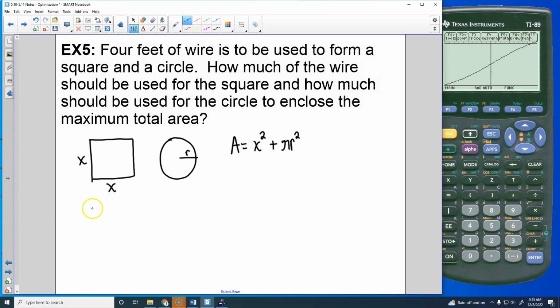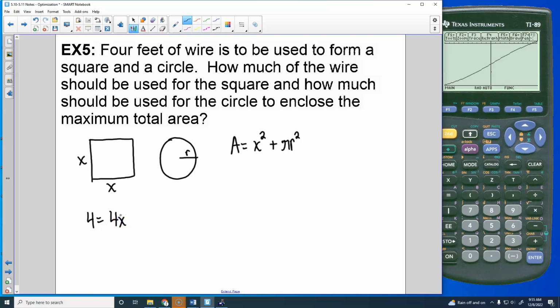They do tell us we have 4 feet of wire. So that is the wire is the perimeter of each figure, right? Because that's what's used to make these. So for the square, it'd be x plus x plus x plus x, which would give you 4x.